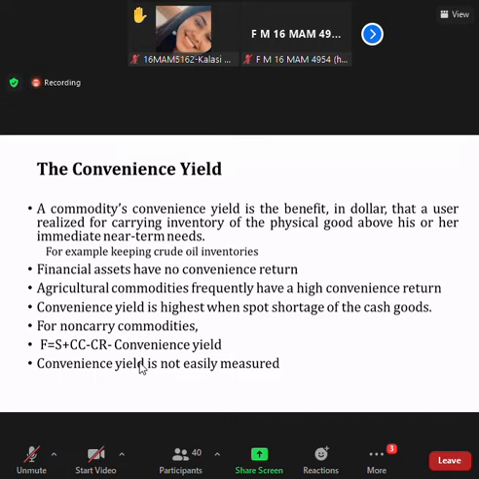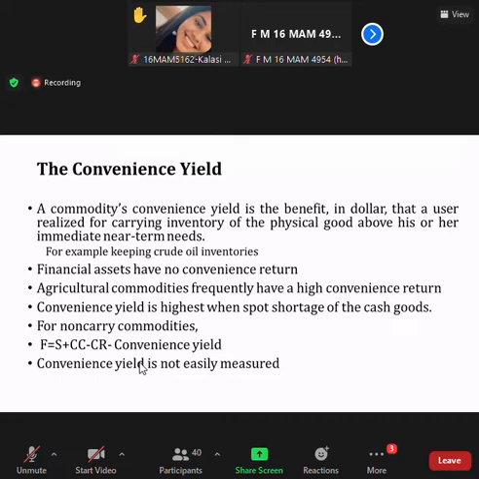But with agricultural commodities, we cannot quickly increase the supply like that. It takes a considerable time to grow those crops and get the harvest. That's why we say it has high convenience return. The convenience yield is high when there is a spot shortage of cash goods in the spot market. When the goods are in shortage, the convenience yield will be high.